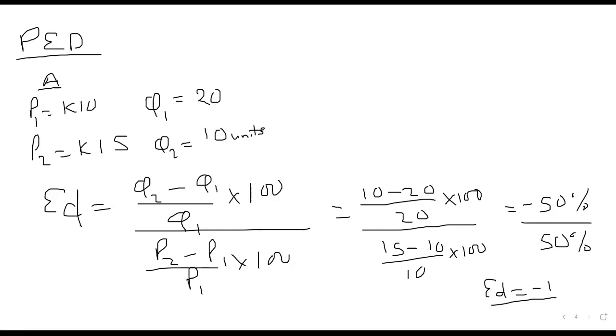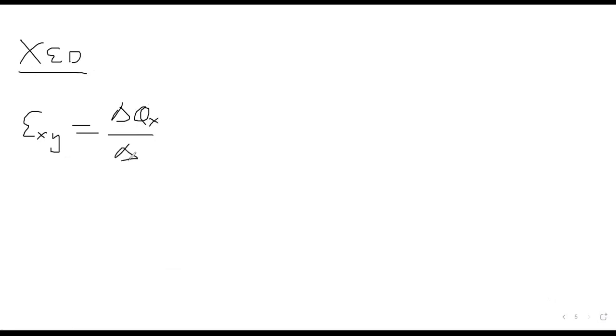Now, the type of elasticity that occurs between two different goods. How do you react when you hear that the price of milk has gone up? That is what we call cross-price elasticity. Cross-price elasticity looks at changes in the quantity of good X over the changes in the price of good Y, another commodity.